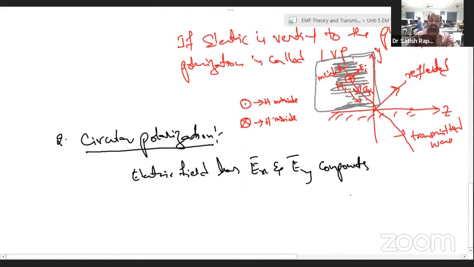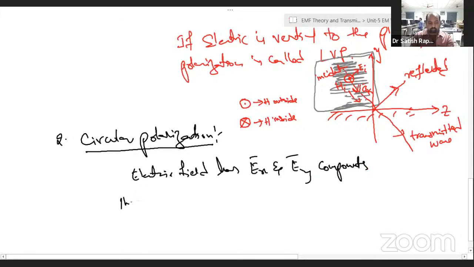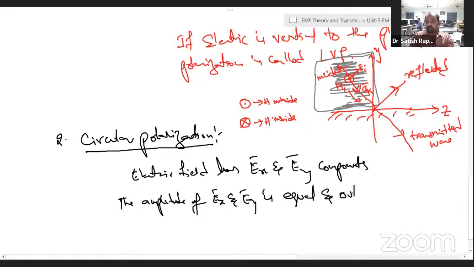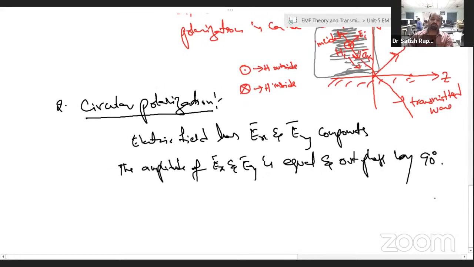If the amplitudes of Ex and Ey are equal and out of phase by 90 degrees, such a wave is called circularly polarized, right? Such a wave is called circularly polarized.